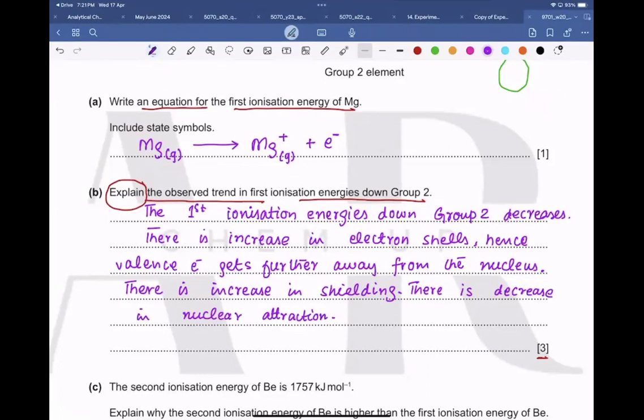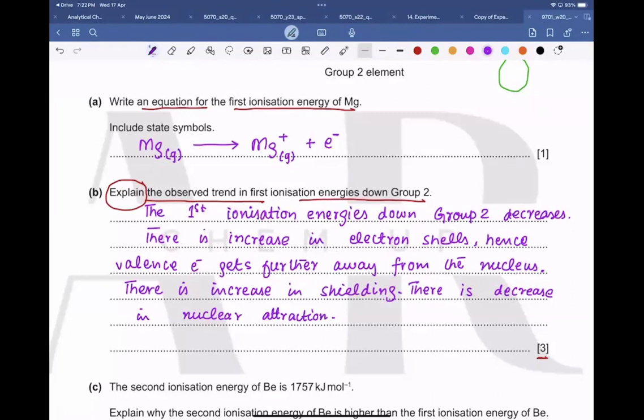Okay. So see, we covered the 3 points to get the 3 marks. Mariam, you said nuclear charge increases, but see what happens if you state this. Nuclear charge increases means there are more protons, and more protons would lead to increased attraction.